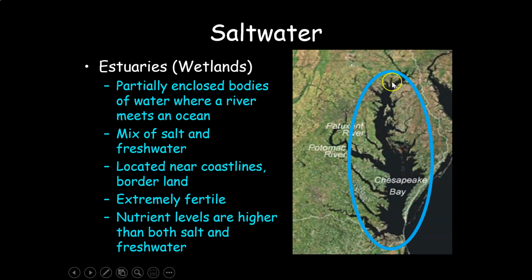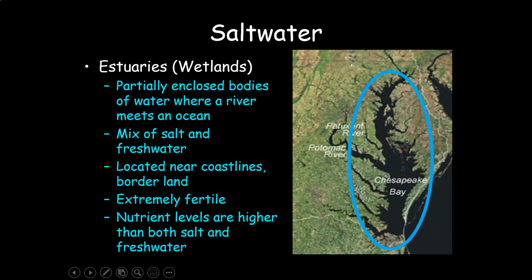So when we talk really high up in the bay here, this is mostly fresh water. But the further and further you get down, places where the Potomac is running in, starting to get a little saltier, till we get to the mouth of that bay and out into the Atlantic Ocean, and now we're talking almost a fully oceanic salinity.